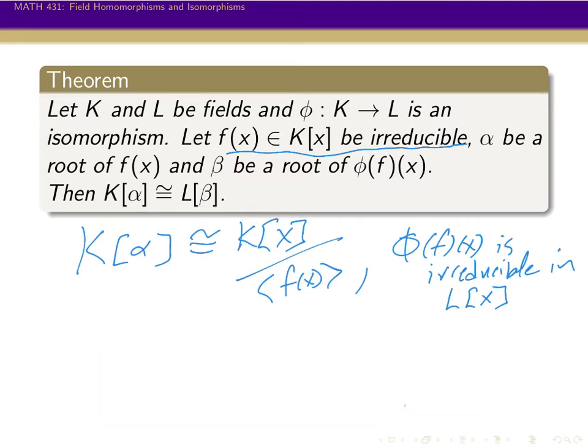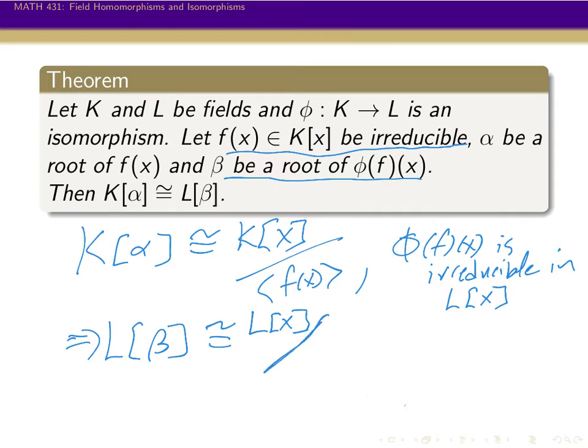Okay, now we have space. So phi of f of x is irreducible in L of x, and so this means that since beta is a root of phi of f of x, L adjoin beta is isomorphic to L of x modded out by the ideal generated by phi of f of x.